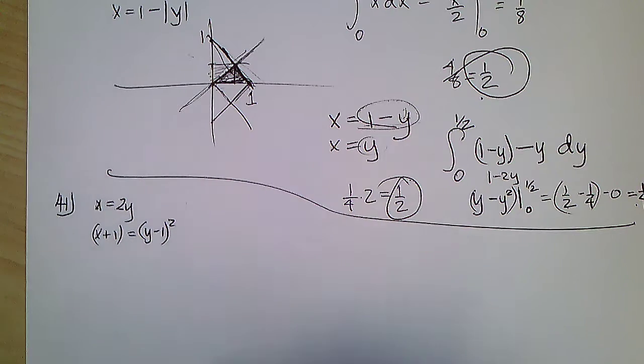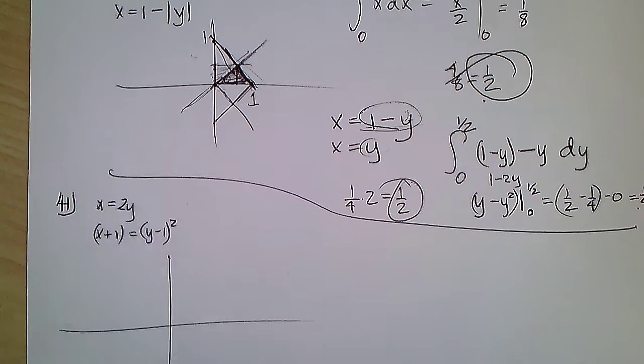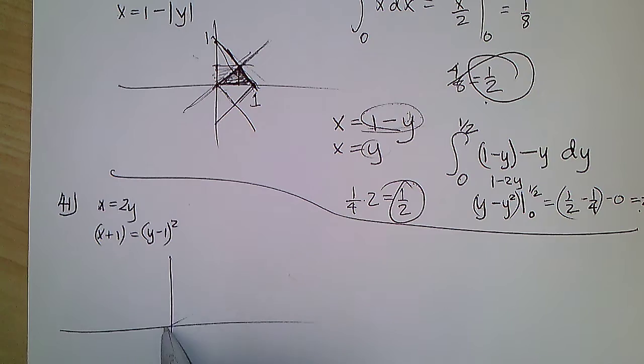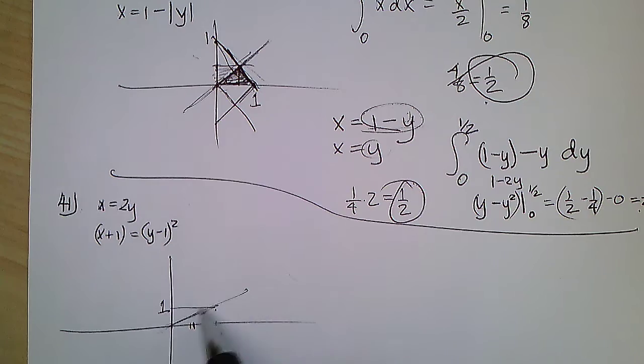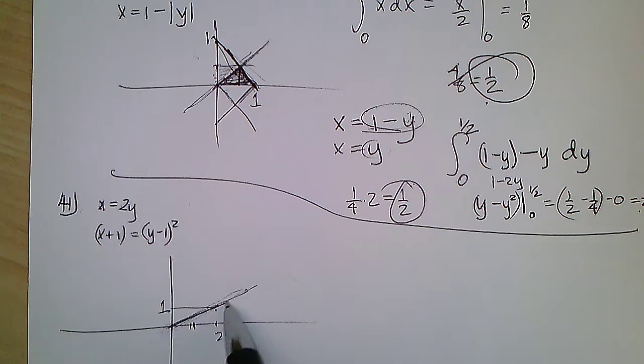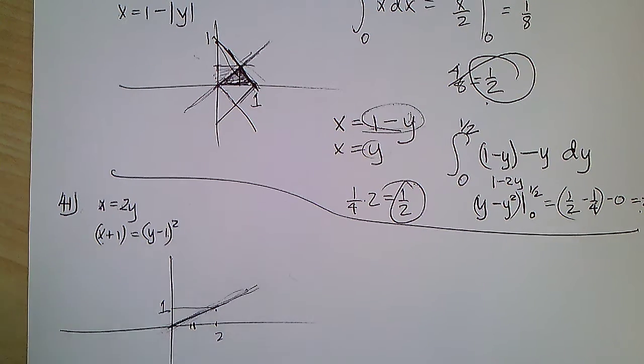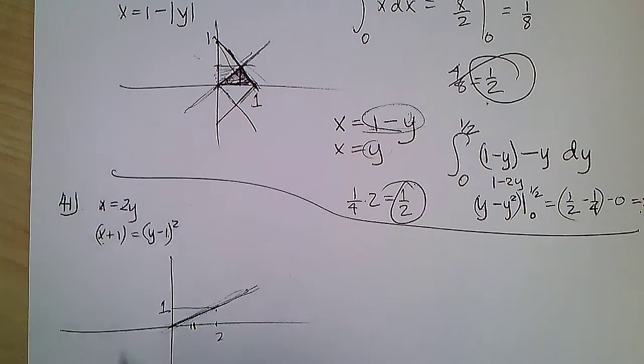X equals 2y. Okay, so that looks something like that. So when x is 2, y is 1. If you want, you can divide by that and you see it's a slope of 1/2 line. And then this is a parabola.